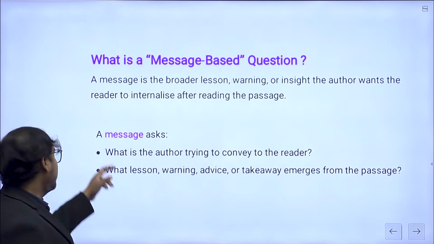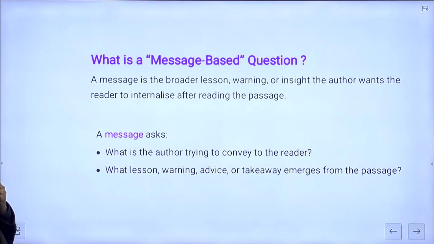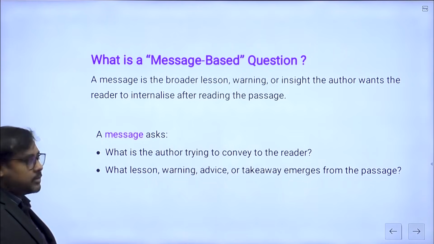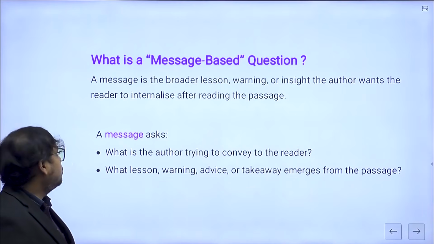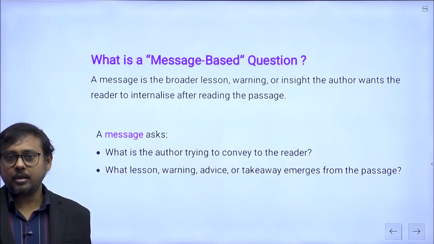Okay. So what is a message-based question? A message is a broader lesson, warning or insight the author wants the reader to internalize after reading the passage, which I told you right now. It's a broader lesson.